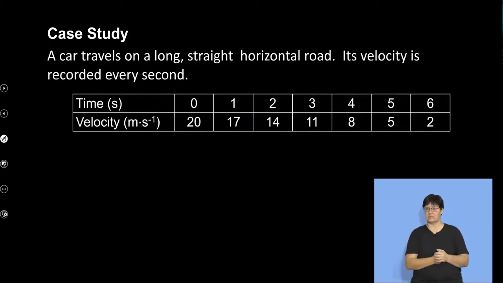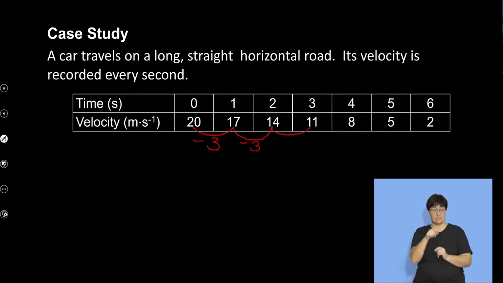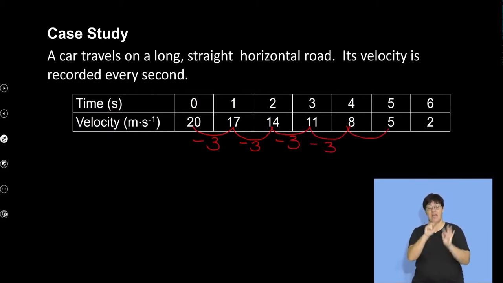So to go from 20 to 17, I had to minus 3. 17 to 14, we took 3 away again. 14 to 11, we took 3 away. 11 to 8, we took 3 away. 8 to 5, we took 3 away. 5 to 2, we get minus 3 again, and this would stop before the 7th second, okay?